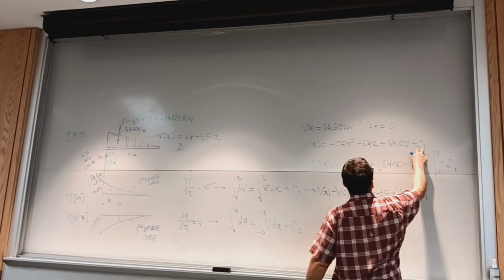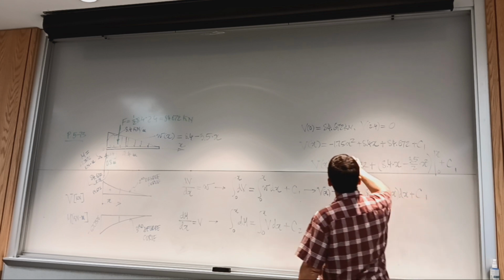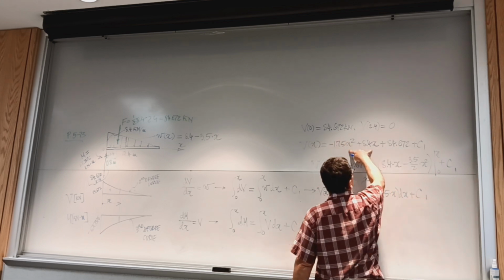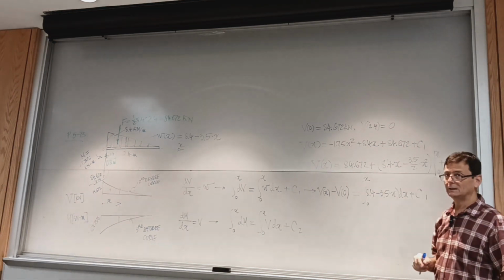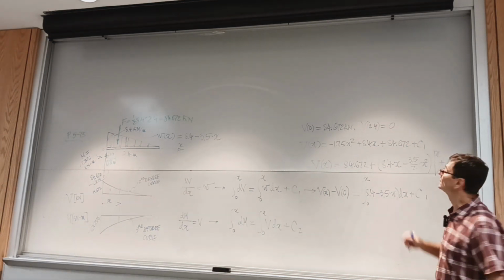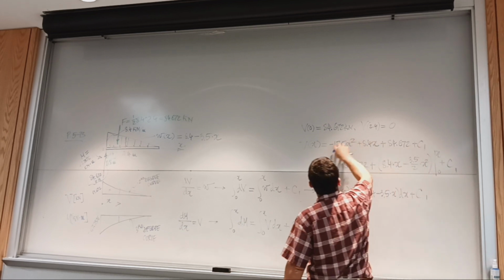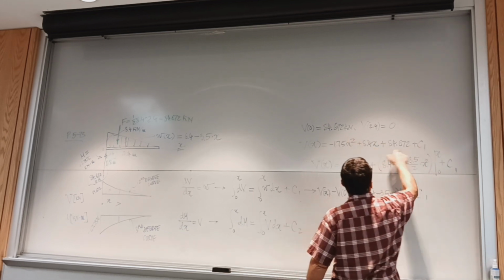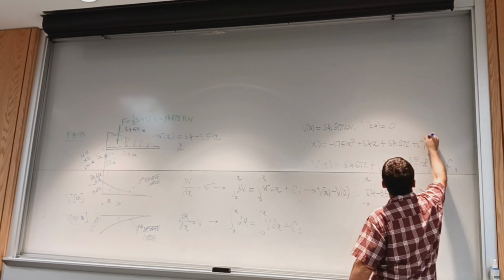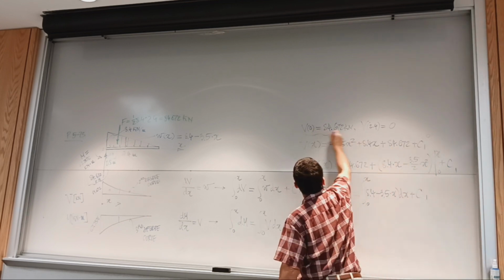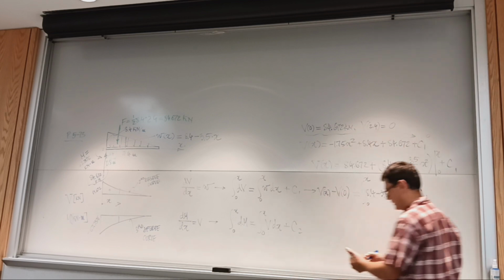I have one unknown, and I wrote two equations. If I make x 0, this is 0, this is 0, it's clear that C1 has to be 0. Is that correct? And then if I make x 2.4 with C1 equals 0, it has to be equal to 0 from the first condition. Do I get 0?